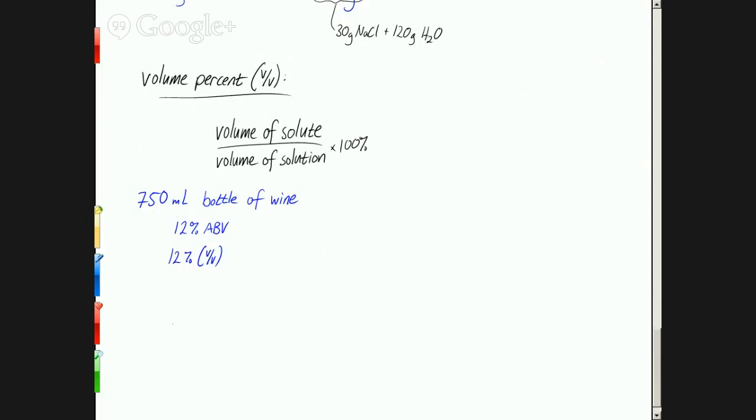All right, so we can calculate now how much actual alcohol or ethanol is in there. Because we've got our volume of solute, which we don't know, and our volume of solution, which we do know. So we'll set up the equation the same way. Volume of alcohol divided by 750 milliliters times 100% equals 12%.